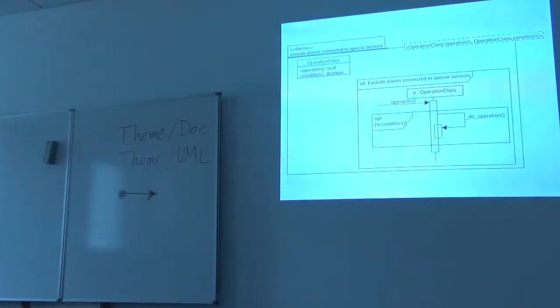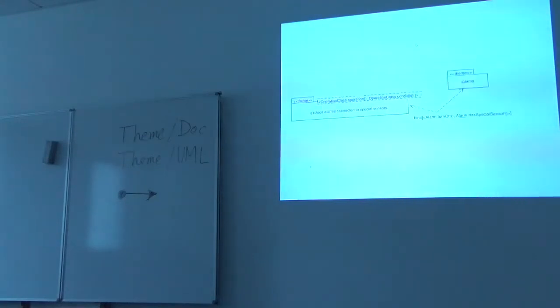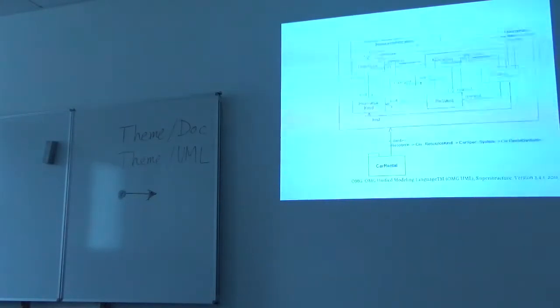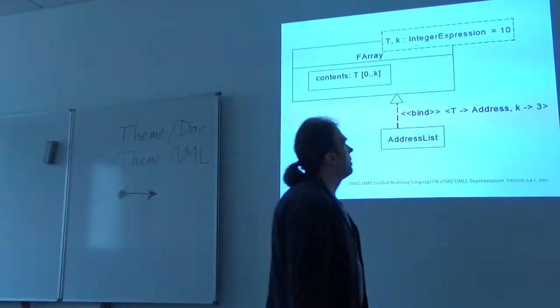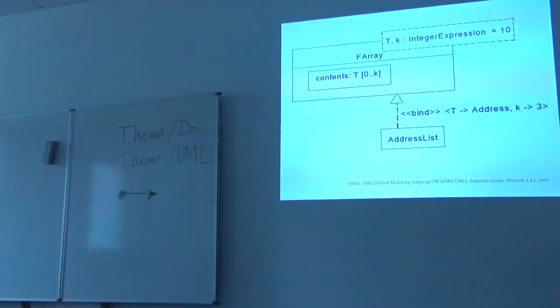There are no template packages yet in UML, but there are template classes. Let me show you just this figure. We'll get back to this. This one is from the UML specification. And you can even do this in Enterprise Architect, for example.